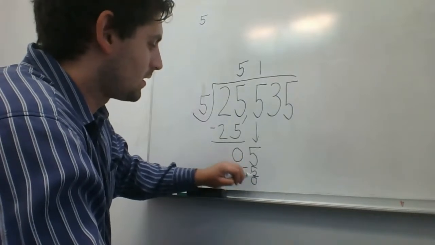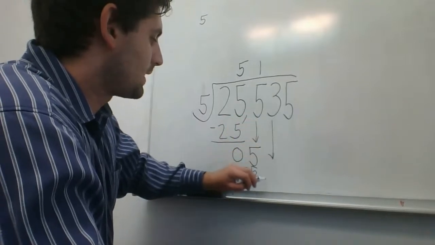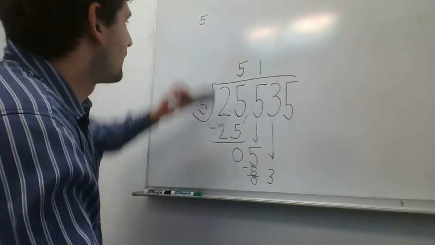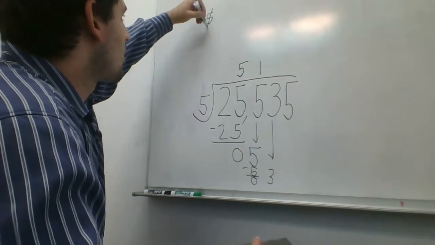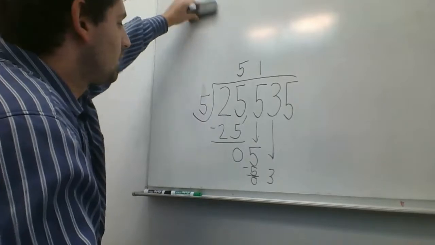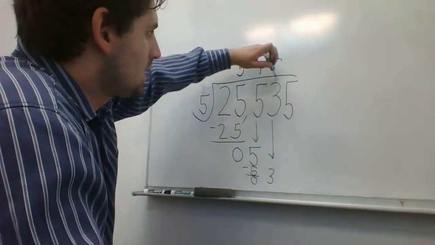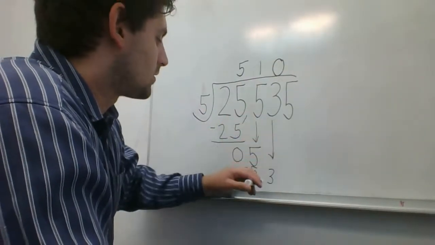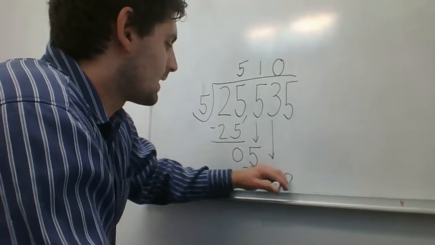Again, no remainder. I'm going to bring down the 3 now. Now, if you notice, if we start at 0, we count by 5s, we're already too far. 5 goes into 3 0 times. So 3 minus 0 equals 3.